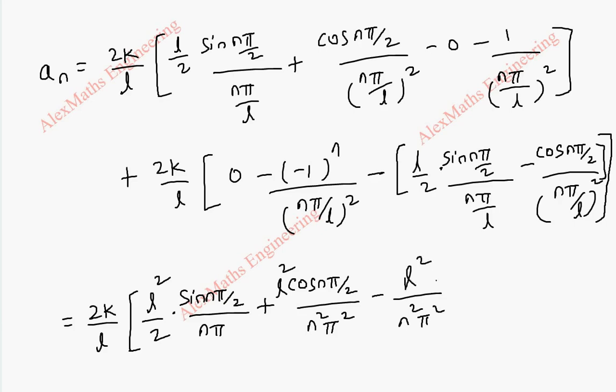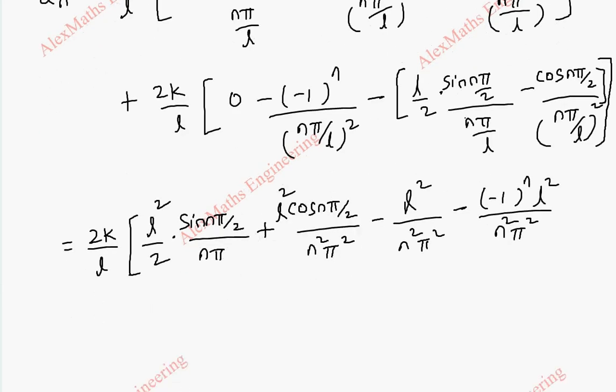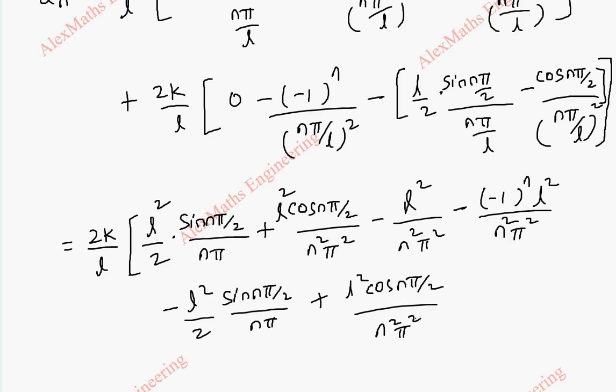So L square I take to the numerator. Then again this will become minus of minus 1 whole power n by n square pi square by L square. So L square I take it here. Similarly, this minus sign is taken inside. So minus L square by 2 into sin n pi by 2 by n pi. Then again this will become plus L square cos n pi by 2 by n square pi square, because L square I have taken to the numerator. So here we see these two terms are same with opposite sign.